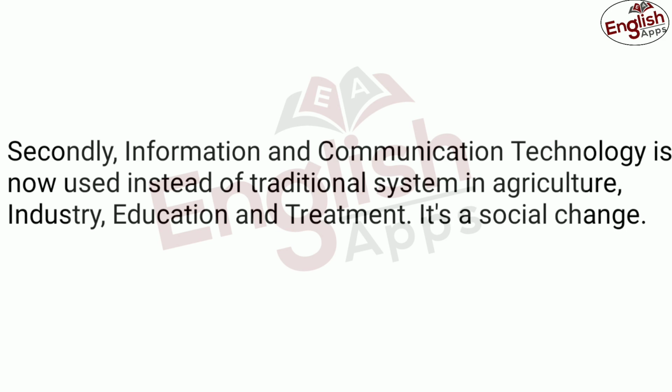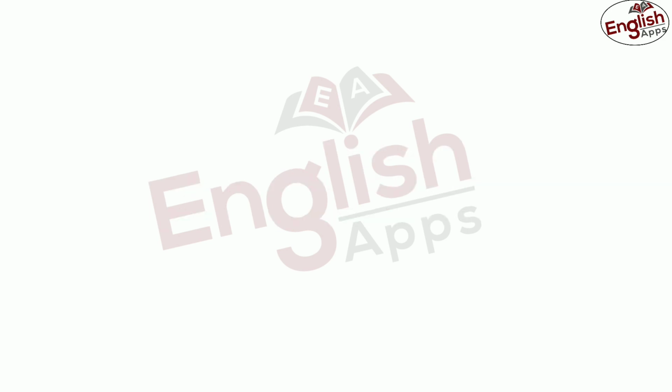We now participate in online classes. This is an example of social change. We can also get treatment in a digital way, that means medical treatment through information and communication technology. So it is a great social change. This is the answer of question number 2, where we have been asked to give 2 examples of social change.